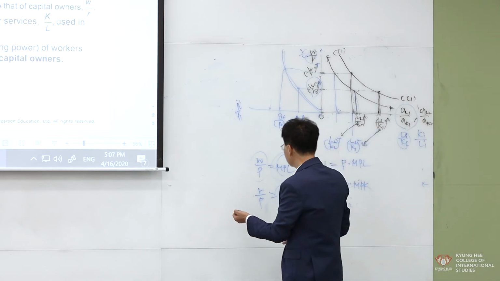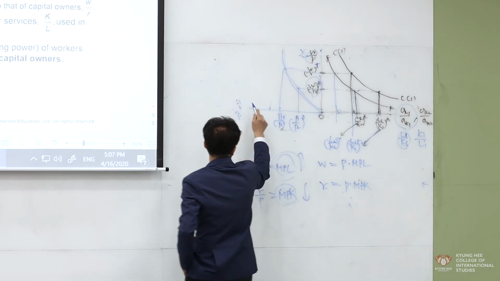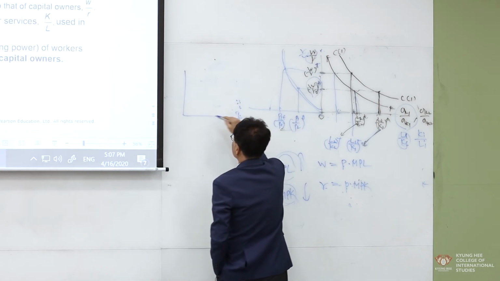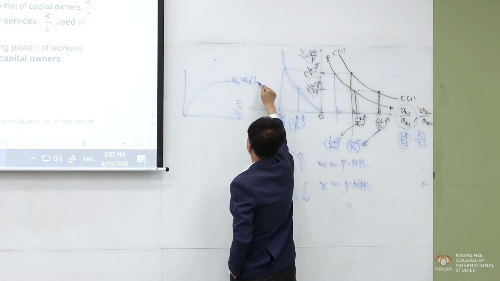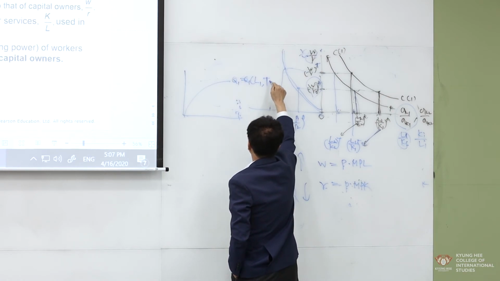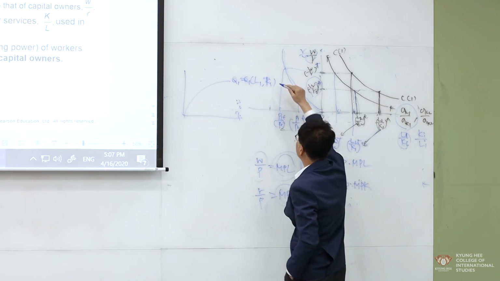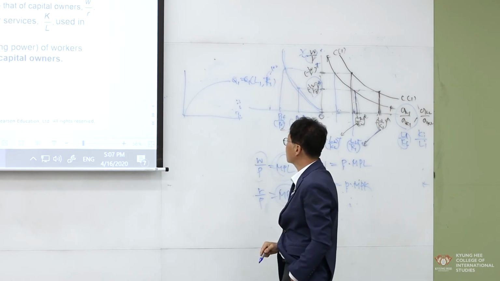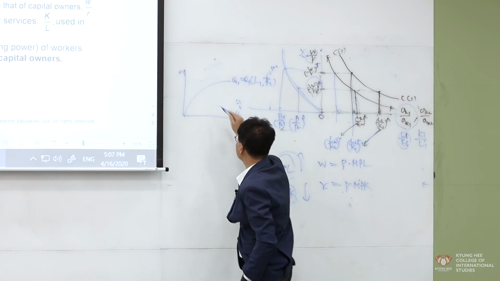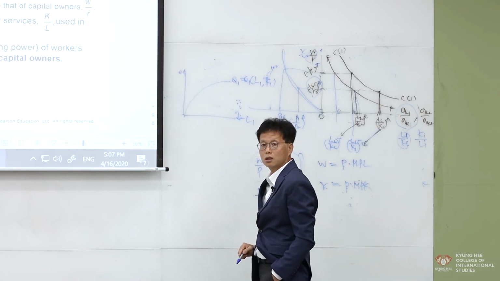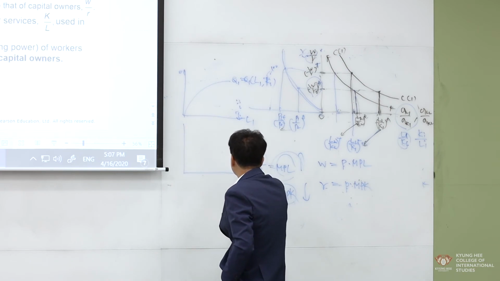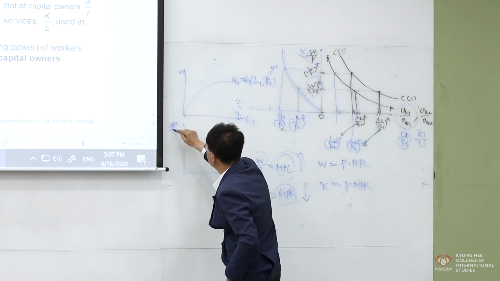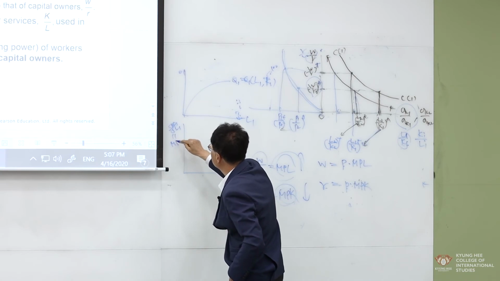Okay, any problem? Then I'd like to explain this very quickly. The production function of labor is Q1, a function of L1 and K1, for example, where K1 is fixed at 100. That is Q1, that is L1. From here, you can derive the marginal product of labor: changing Q1 over changing L1, that is MPL1.